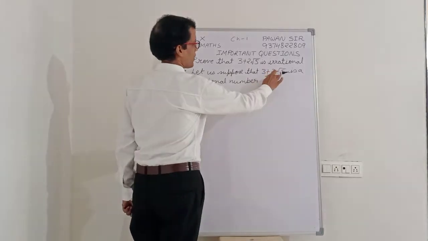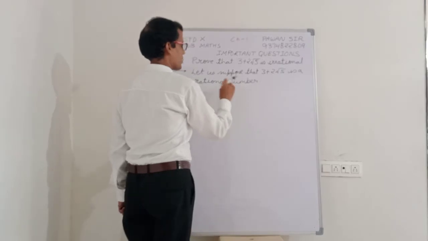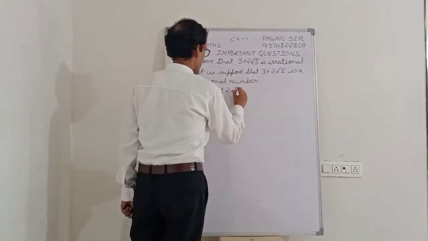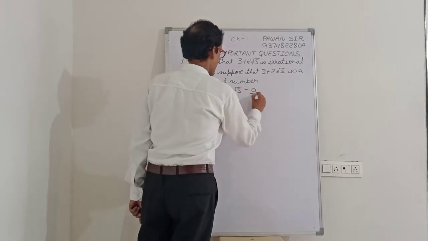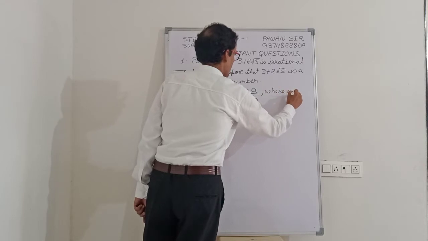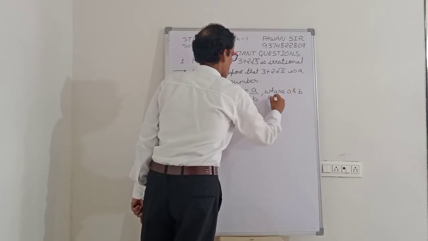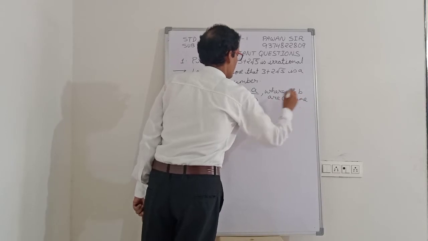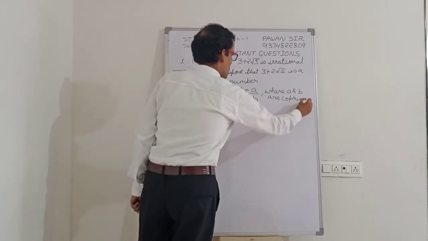We suppose that 3 plus 2 root 5 is a rational number, therefore 3 plus 2 root 5 can be written in the form a by b, where a and b are co-prime and b is not equal to 0.